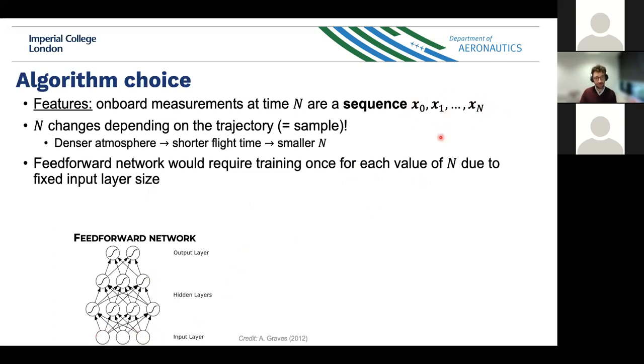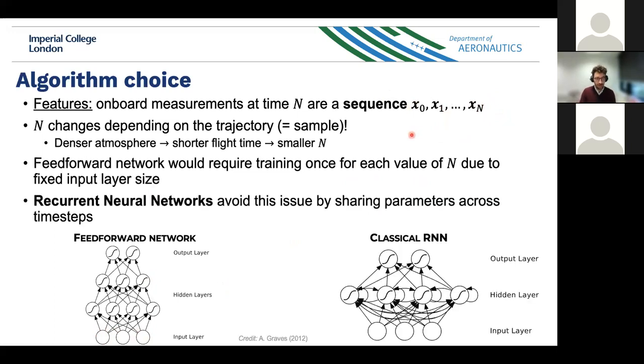Well, the size of these feature sequences varies depending on the sample. Therefore, we decided to adopt the next step, which is a recurrent neural network. In particular, recurrent neural networks avoid the issue of retraining by sharing the parameters of the network across different time steps.